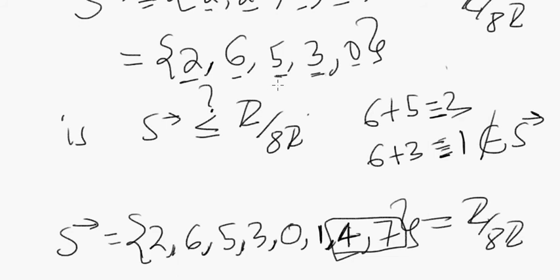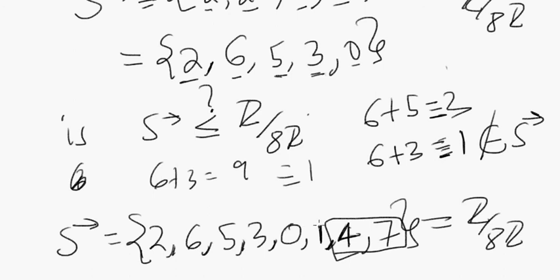We did the addition. We got 6 plus 3, and that gave us 9. What's 9 mod 8? Well, we said that was congruent to just 1. And because 1 wasn't in our set S extension, we had to add 1 manually.